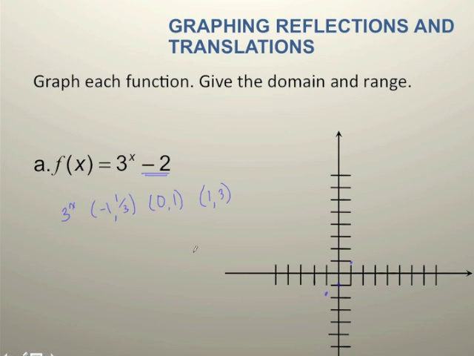What actually happens is moving it 2 down moves the asymptote. Instead of it being at the x-axis, it becomes the y = -2 line. That moved my asymptote down. So I'm going to draw in the asymptote, and now I can draw in my graph.